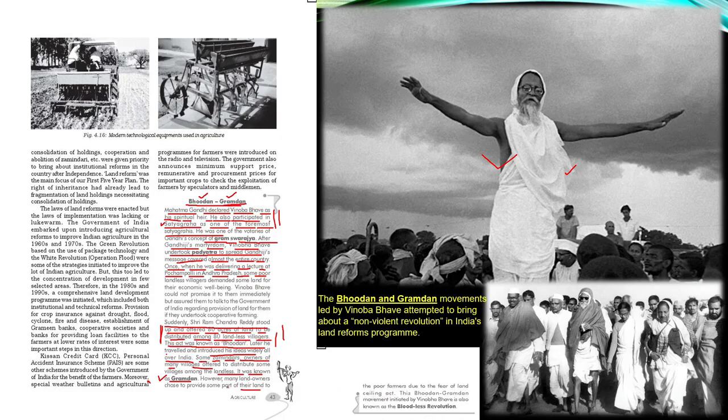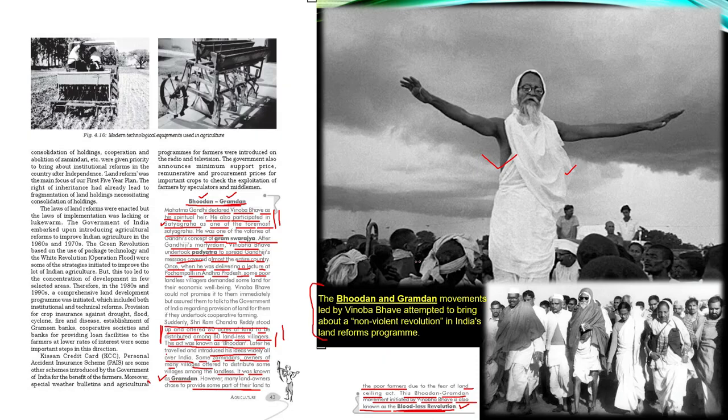However, many landowners chose to provide some part of their land to the poor farmer due to the fear of Land Ceiling Act. This Bhudan Gramdan movement, initiated by Vinoba Bhave, is also known as Bloodless Revolution. So ultimately, because of the fear of Land Ceiling Act, few people were reluctant to give away the entire village or entire land.